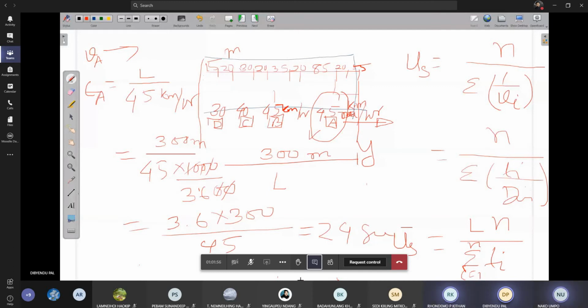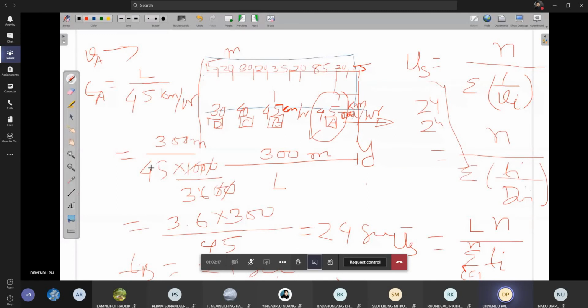Yes, sir. So for the first vehicle, vehicle A, the time taken to cross the section is 24 seconds. Similarly, for vehicle B, because it was the same speed, it will be 24 seconds, right? Vehicle A is 24 seconds, vehicle B is also 24 seconds.